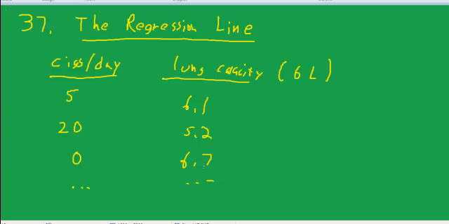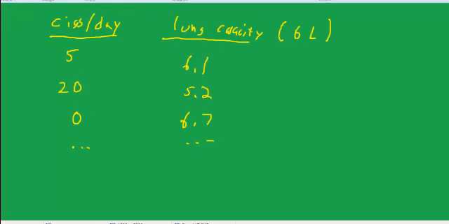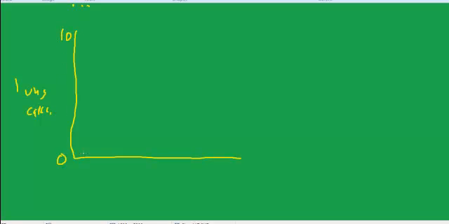So let's say we had dozens of people, and then we did a scatter plot, and we put lung capacity on the y-axis. Let's say 10 liters, 0.